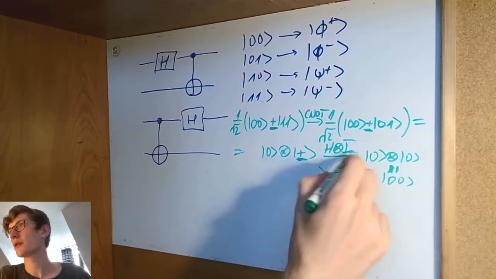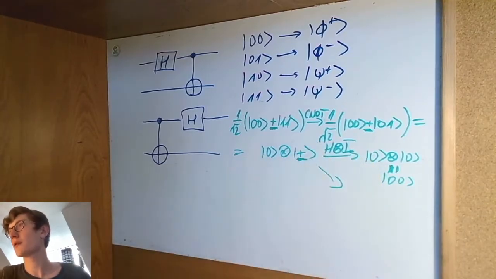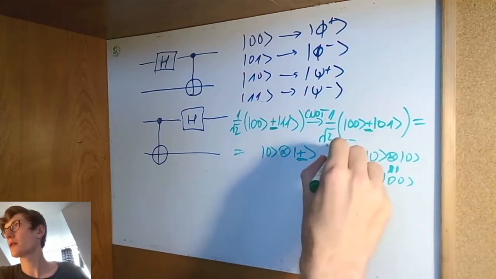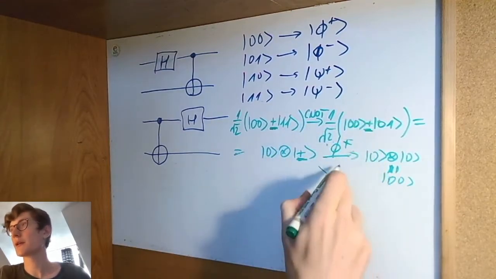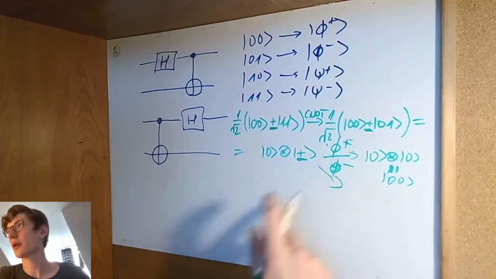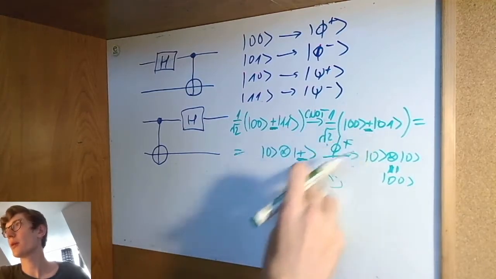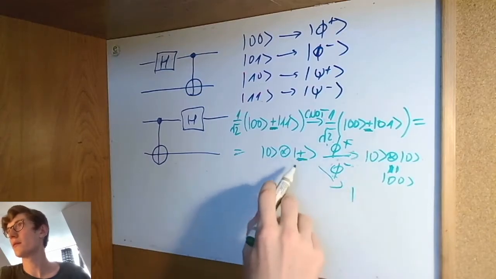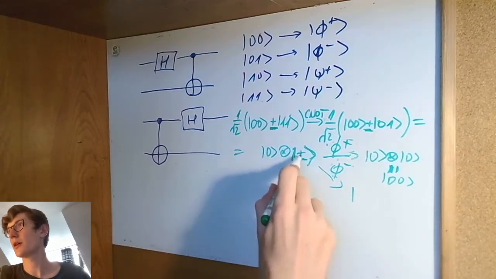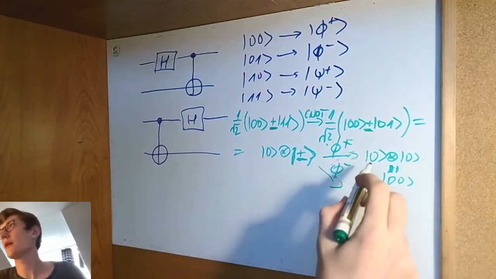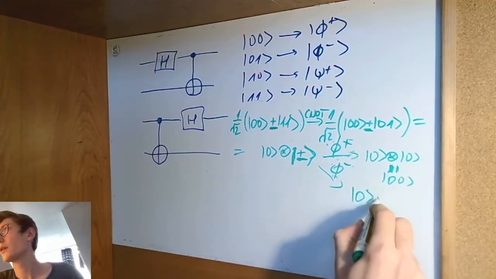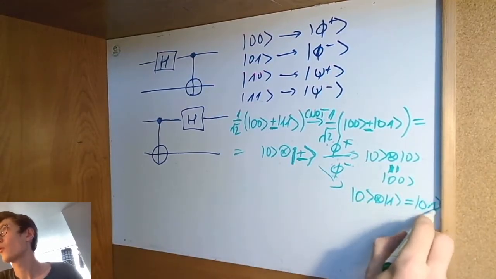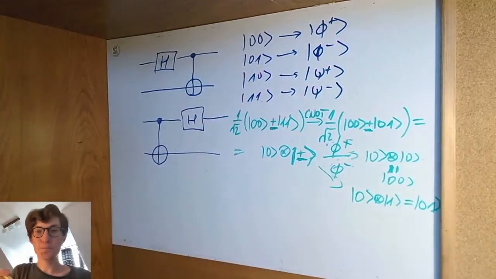So maybe I will erase this and write that this is the case when we talk about phi plus, and this is the case when we start with phi minus, right? Then we get minus here instead of plus, okay? And it is 0 and 1, because minus goes to 1, and it's 0, 1, as it should be, right?